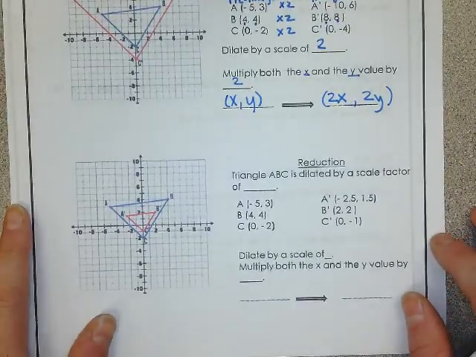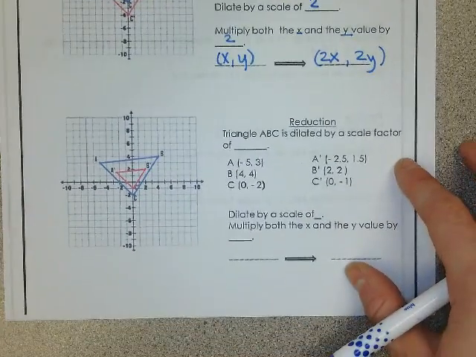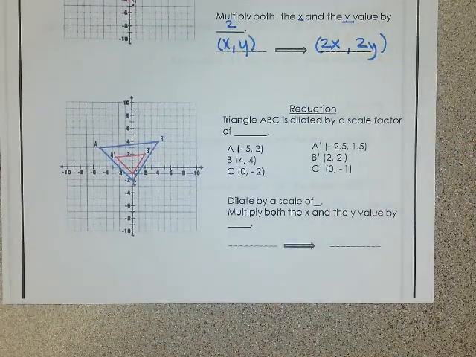All right, so now let's think about that again. All right, so how do I get from 4 to 2? Divide by 2? Is that what we said? So remember, we're not adding or subtracting. That's our translation, okay?